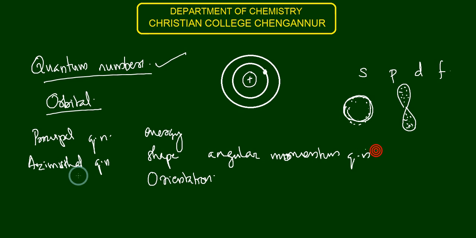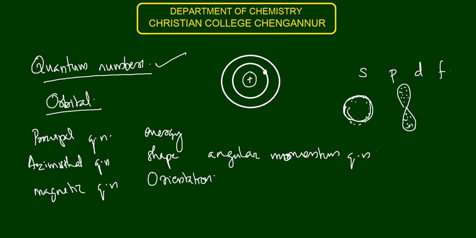And the orientation is determined by the magnetic quantum number. If these three quantum numbers are there, we can get the address of an orbital.